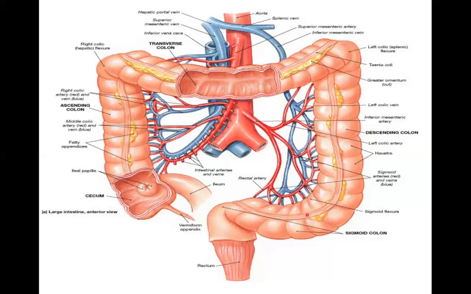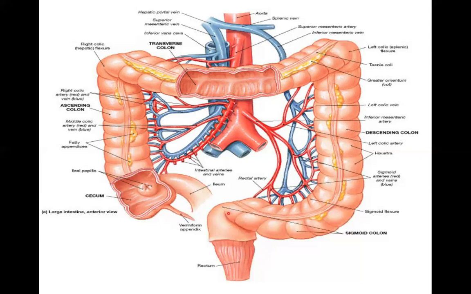The descending colon reaches the iliac crest and then descends down until it reaches the pelvic brim, the inner ring present there, and then it is called the sigmoid colon. The sigmoid colon will extend downward until reaching S3.